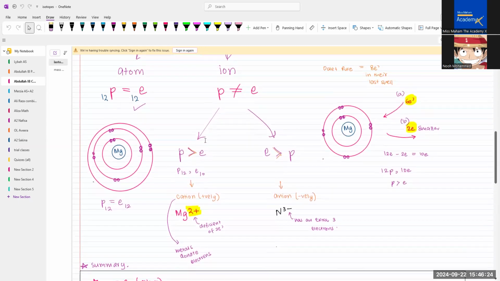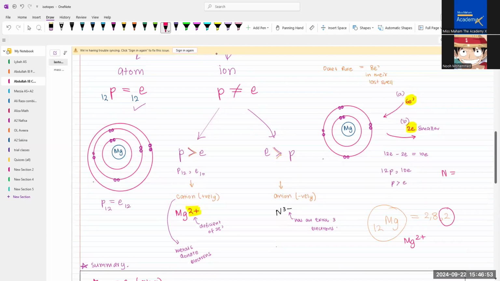Remember this? So here magnesium's atomic number is 12, right? So you're going to find out the electronic configuration, 2, 8, 2, right? You know how to find the electronic configuration, right? Oh, okay. So then it's going to be positive because it's going to lose the 2 electrons at the end. Exactly. So Mg turns to be Mg2 plus. Okay?